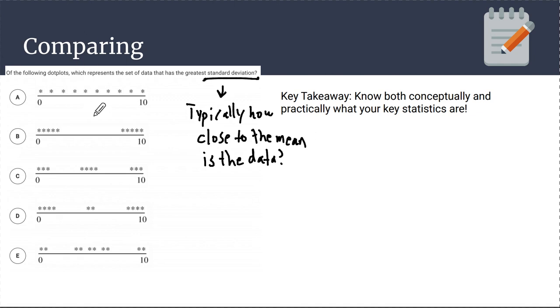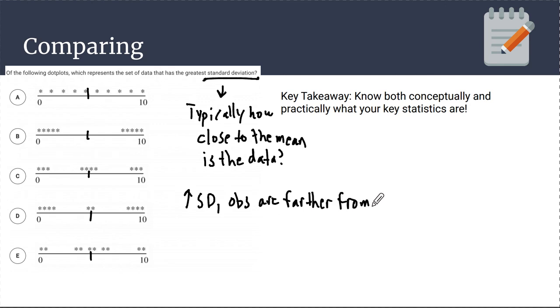So if we look in here, it looks like the mean of all of these guys, if we average them, the balancing point will be somewhere right here in the middle. Then we go, okay, which one of these has the highest standard deviation? If standard deviation is going up, that means the observations are farther from the mean.